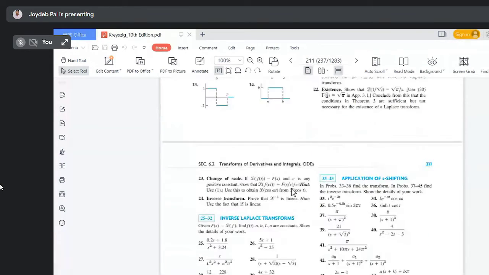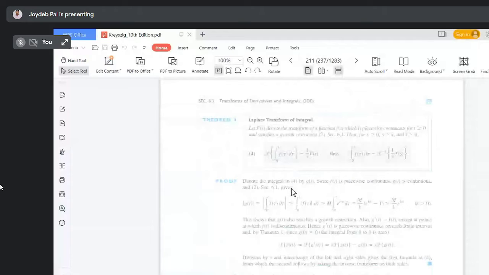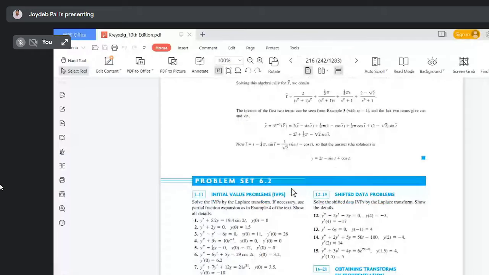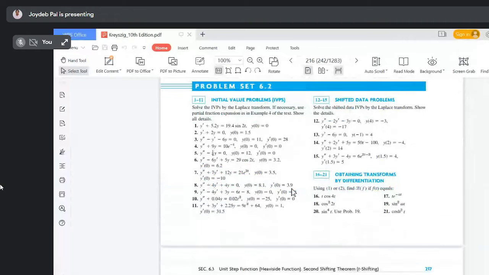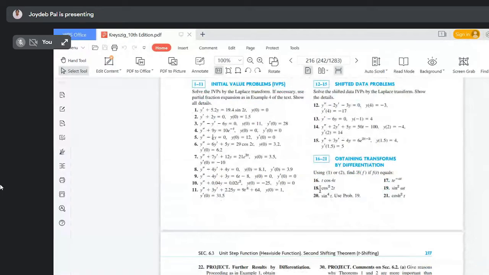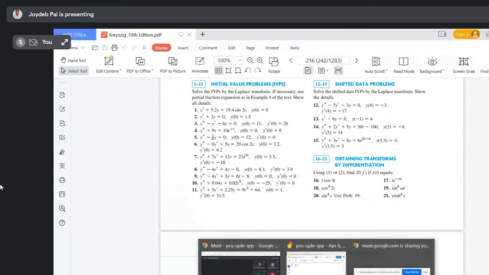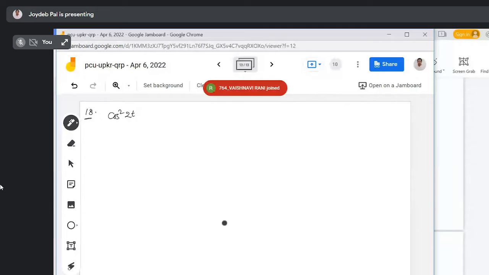So you write it in the form of cos 2 theta, then you take Laplace transform, it will be easier. But here they are asking you to use derivative. Fine. So we are assuming that ft is equal to cos square 2t.